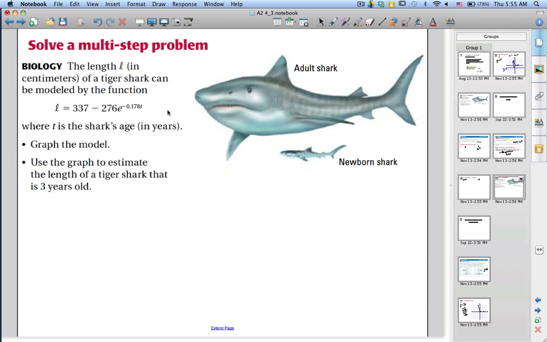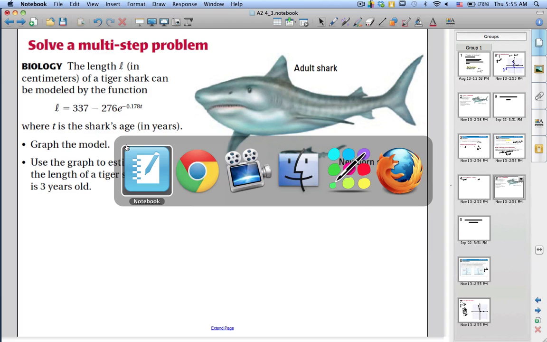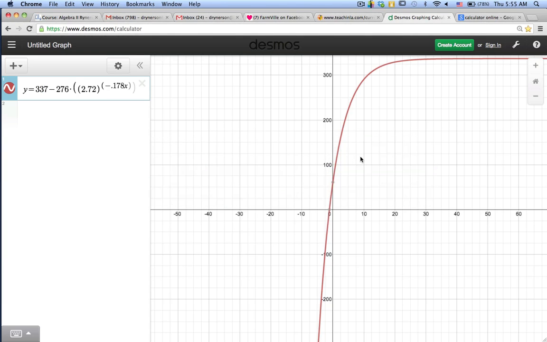So I've gone ahead and I've taken this equation. It deals with the length of the shark in centimeters. That's important to notice, in centimeters, based on the age of the shark, and I can use this formula. So the first thing they asked me to do is graph the model. I've gone ahead and done this with my online graphing calculator, and here it is. So this is the graph of this function.